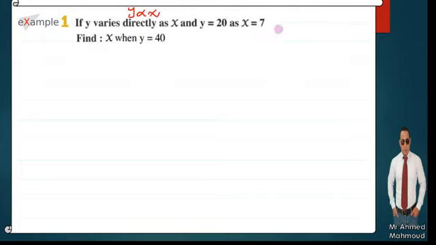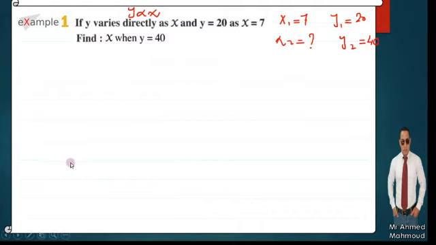Here we have x1 equals 7, y1 equals 20, x2 equals unknown, y2 equals 40. Now find x at y equals 40.